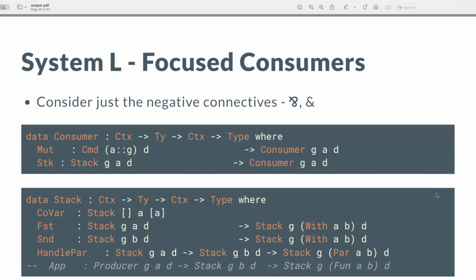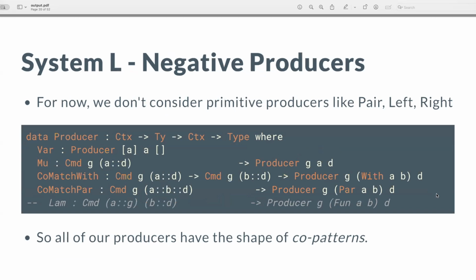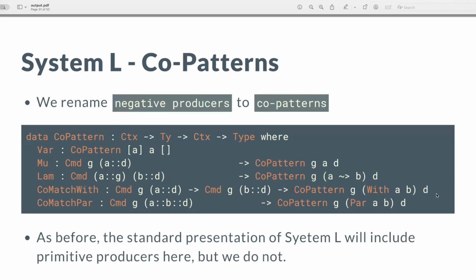And we match them to the negative producers, where we're not looking at the primitive producers, we've seen those before, just the complex ones. We look at a co-pattern for par and a co-pattern for with. Because I've restricted what I consider a negative producer, I renamed them to co-patterns. It might not be obvious immediately in what sense these are co-patterns.